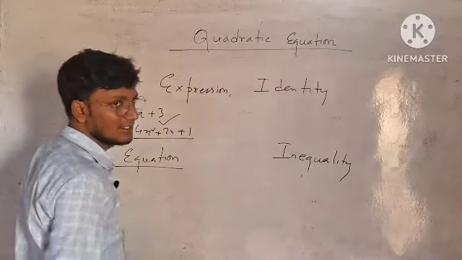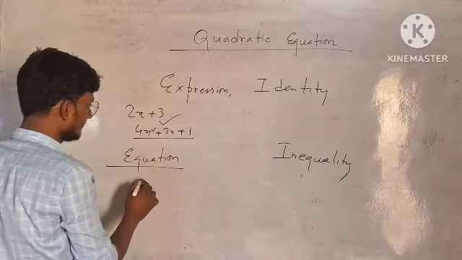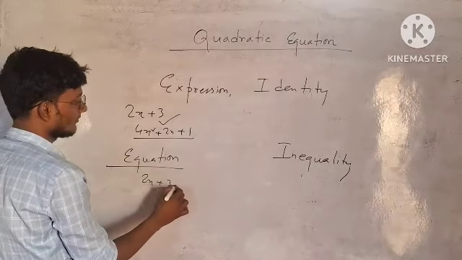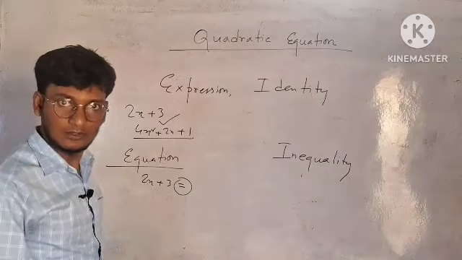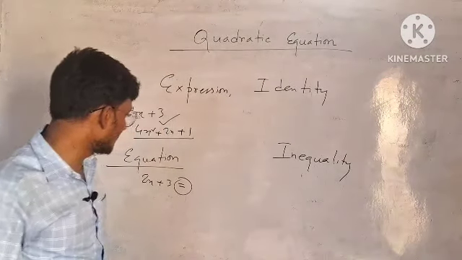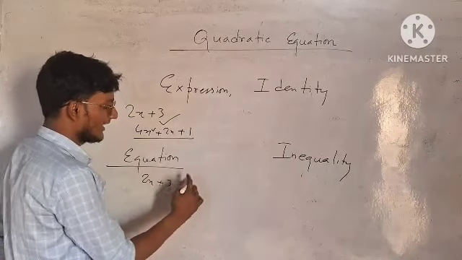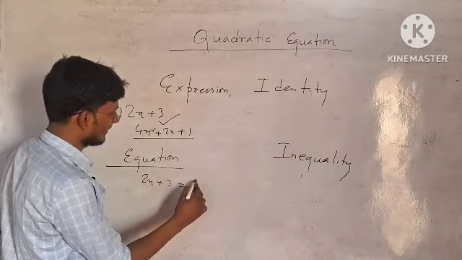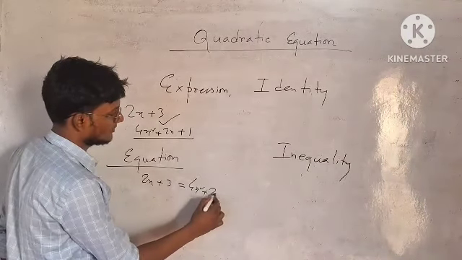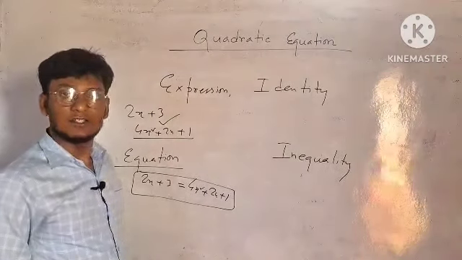As far as equation is concerned, if you put the sign of equal, that is the sign of equal, already you know. If you put sign of equal and also put another expression, 4x square plus 2x plus 1, so it's an equation.